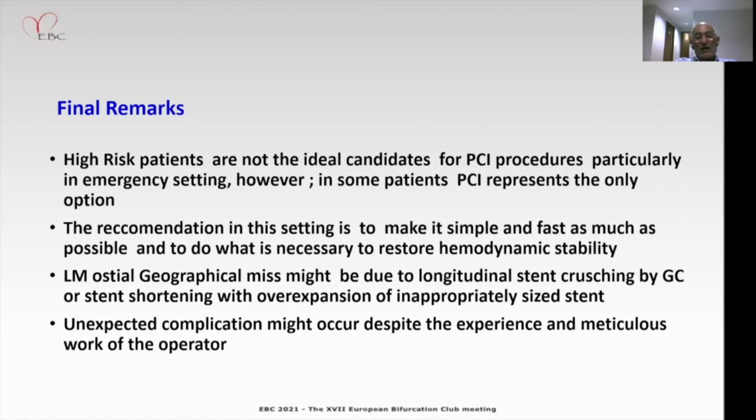Left main ostial miss might be due to longitudinal stent crushing by guiding catheter or stent shortening with overexpansion of an inappropriately sized stent. Unexpected complications might occur despite the experience and the meticulous work of the operator. Thank you very much for your attention.